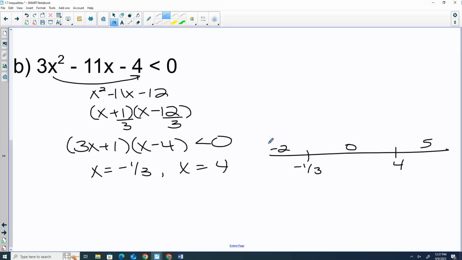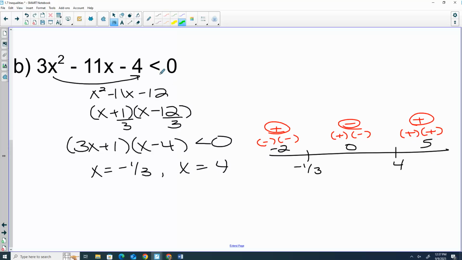So then if I plug those in, if I put in a negative 2 here, that would be a negative times a negative, which is positive. Put in the 0, you get a positive times a negative, which is negative. We put in our 5, we get a positive times a positive, which is positive.